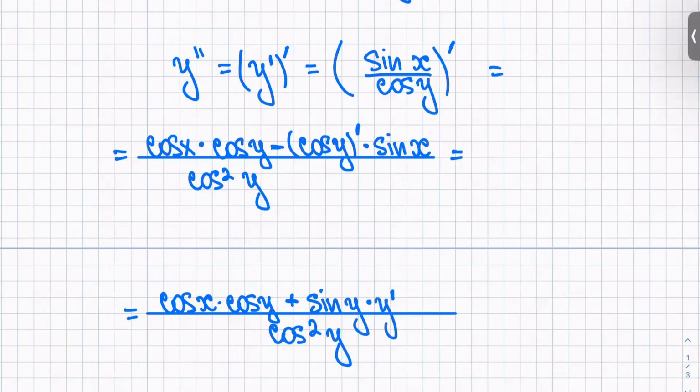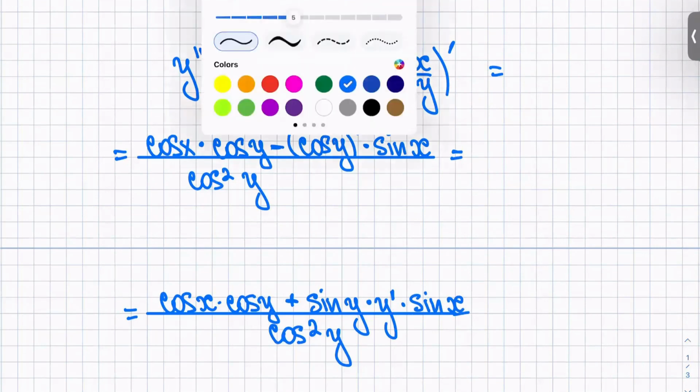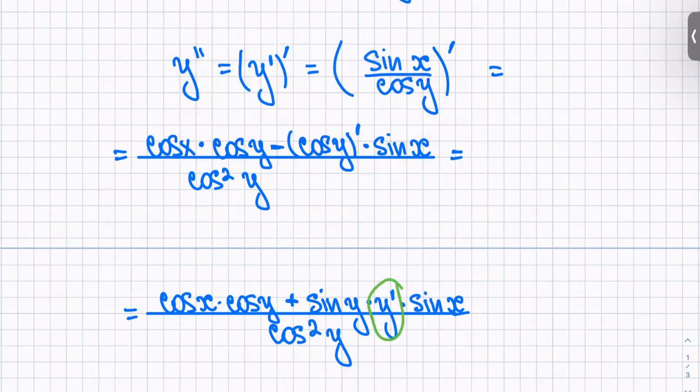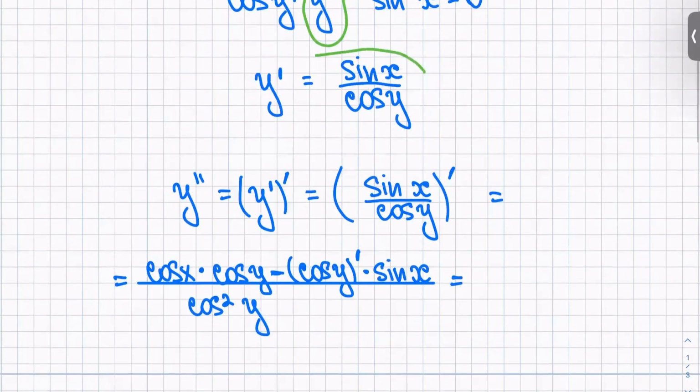So this is the chain rule. And now we have to multiply it by sine x as the remaining term. And we are almost done, dear students, except that we can substitute the value for y prime in this expression just using this result from the previous step.